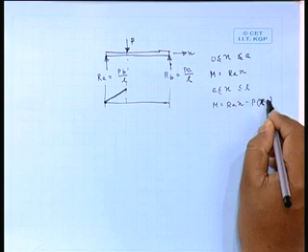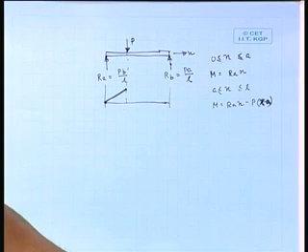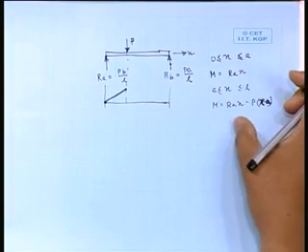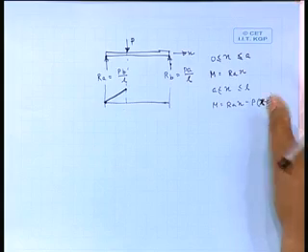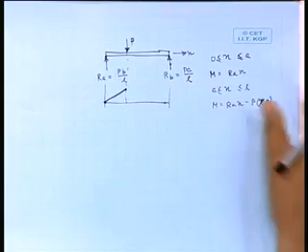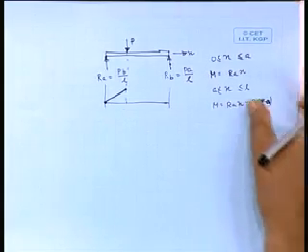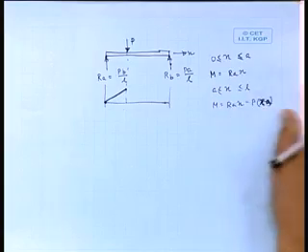So it will be x minus a. If I put x equal to L, P into L minus a, and L minus a will be basically b, and this R A part, if we put x equal to L, automatically it will cancel.